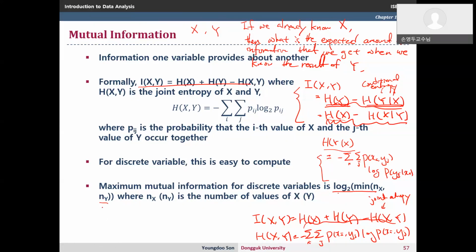The maximum value of the entropy was log n. However, the maximum value of the mutual information is log 2 of the minimum of nx and ny. Here, nx and ny are the number of possible outcomes of x and y.